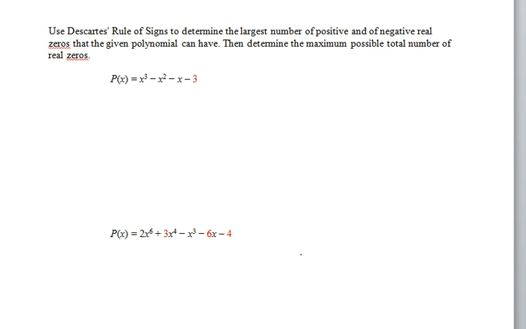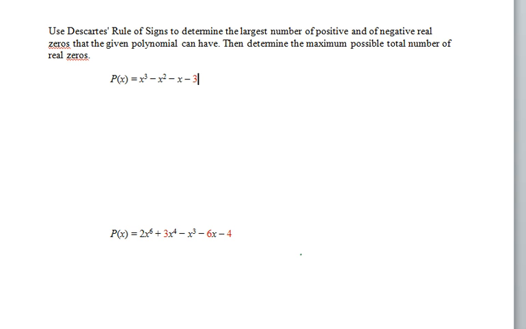This would seem to be trivial, but what we need to remember is that x equals 0 can actually be a zero of a polynomial, and it is neither positive nor negative. So it is not counted in the Descartes rule.